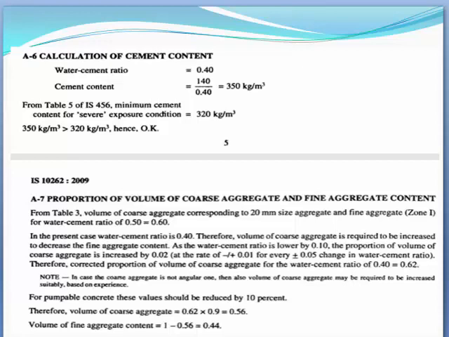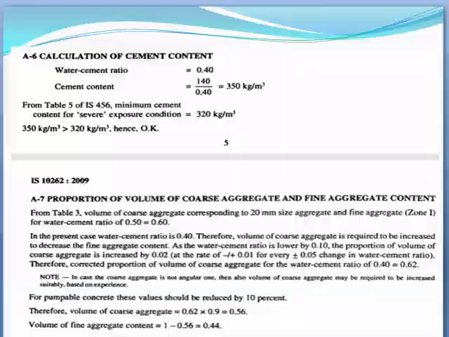So students, from table 5 of IS 456, minimum cement content for severe conditions, as it is mentioned in the statement, the conditions are severe for our M40 grade of concrete design. The minimum cement content value will be 320 kg per meter cube.